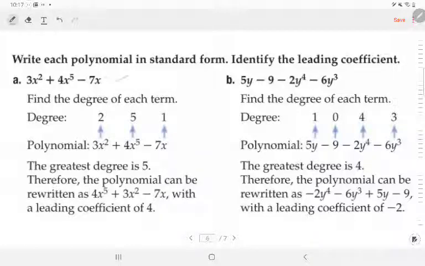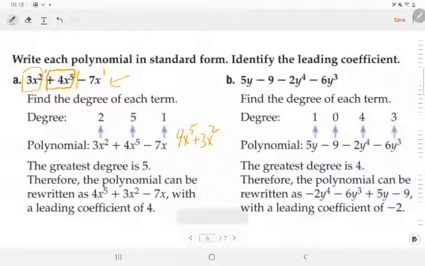So we are to write each polynomial in standard form and identify the leading coefficient. So if we have this here, we have a 1, a 5, and a 2. Okay? So the first thing that we're going to do is 5 is the greatest. So we're going to rewrite that as 4x to the 5th. Okay? Now whatever sign is in front of it goes with it. Then we have 3x squared is the next largest, so plus 3x squared.